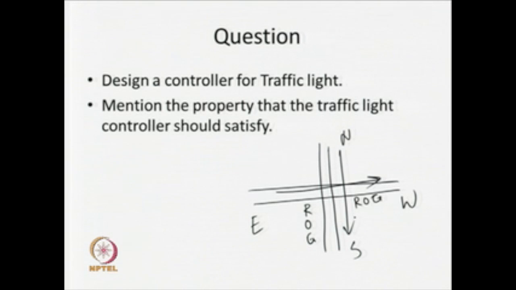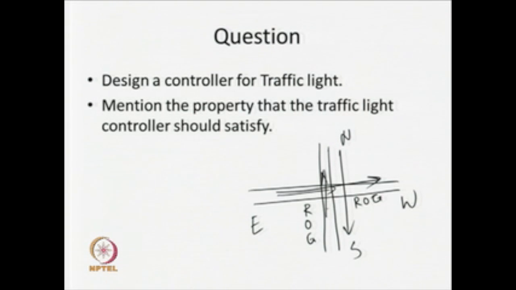Now, what is the property? Both the red lights should not glow simultaneously. On the other hand, both the green lights should not glow at the same time, because if the green lights glow together, cars will move from both directions and there may be a collision. So, our specification should be that both green lights should not glow simultaneously.